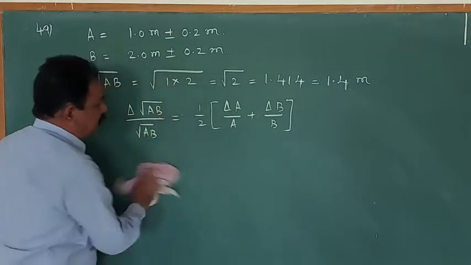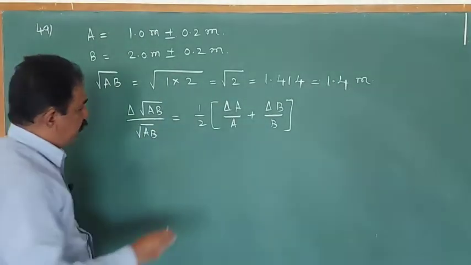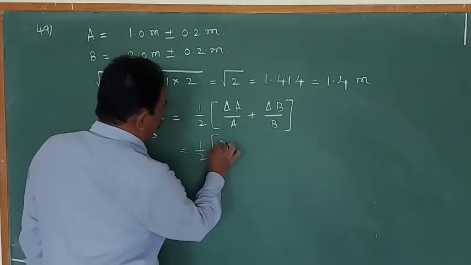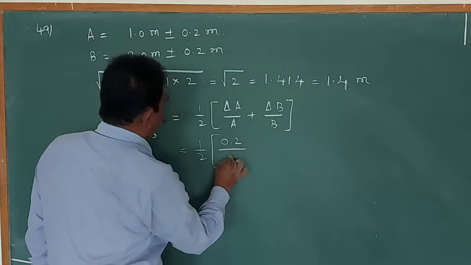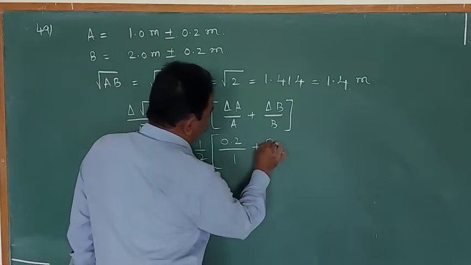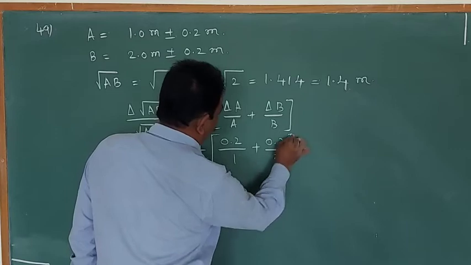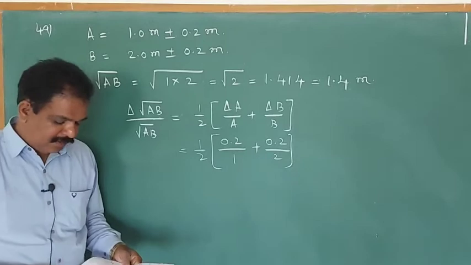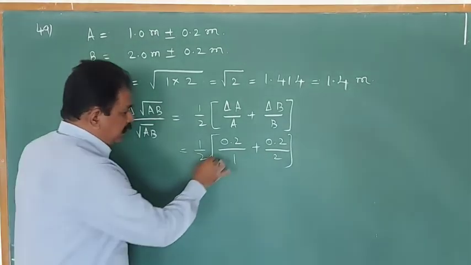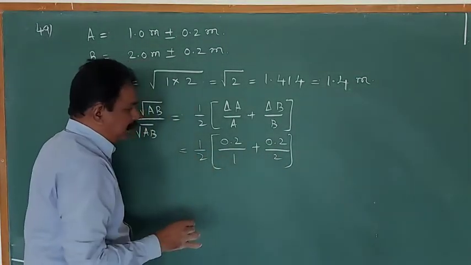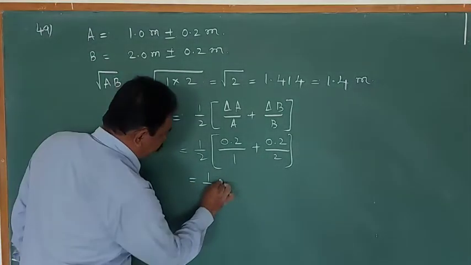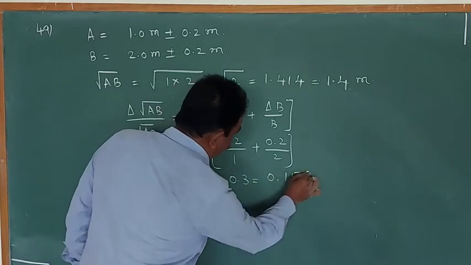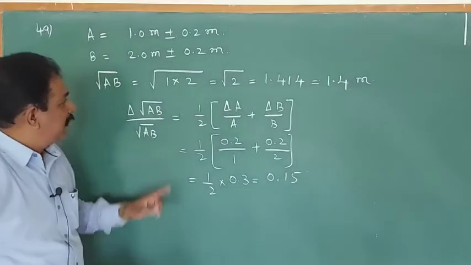Then if we calculate this value, this is equal to 1 by 2 into, delta A will be 0.2 by 1, delta B will be 0.2 by 2. Then this is equal to 1 by 2 into 0.3, so this value is 0.15. Again come to the error.